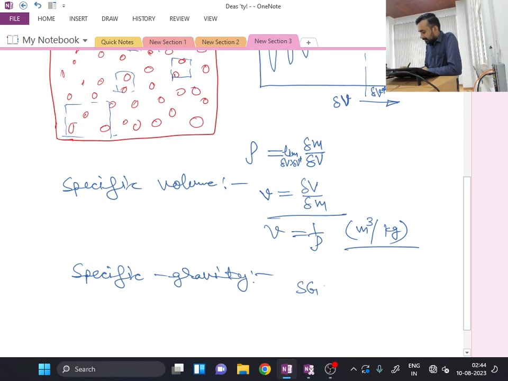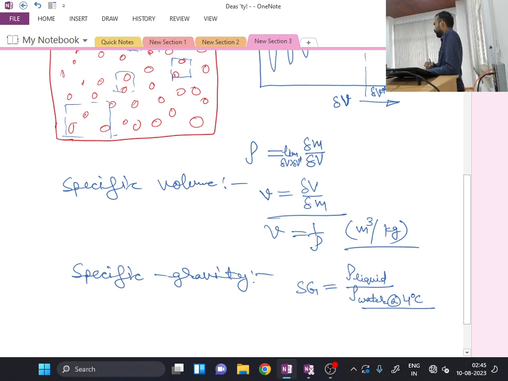Sg is equal to the density of the liquid divided by the density of a reference liquid. Typically for liquids, the reference liquid is water, so density of water, taken at 4 degrees Celsius. That is the definition of specific gravity.